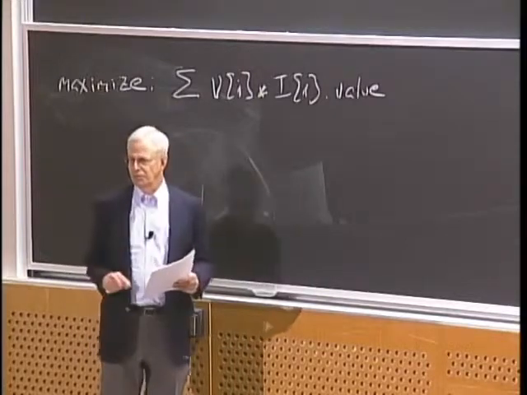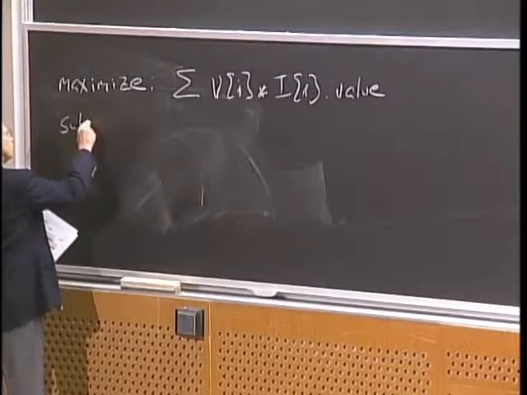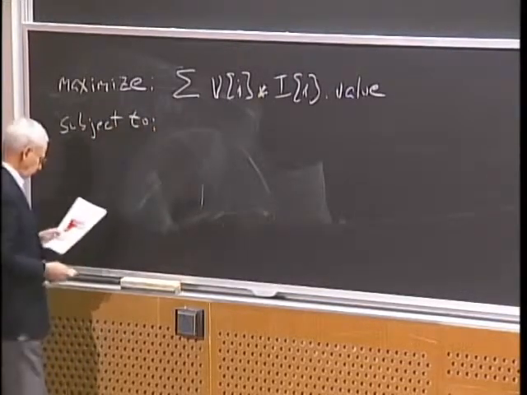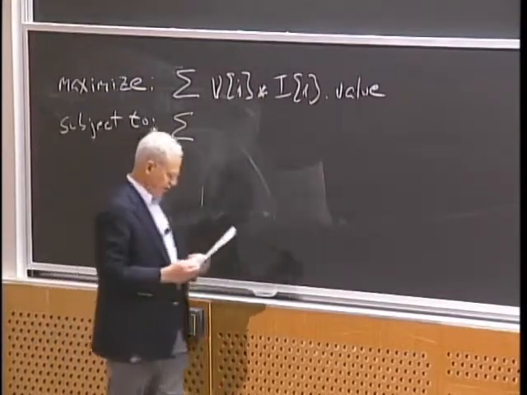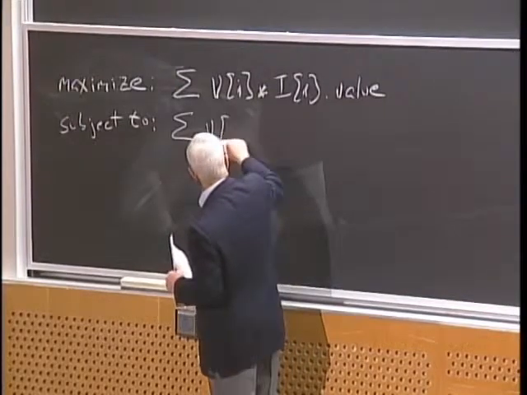So this is going to give me the sum of the values of the items I've taken. And then I have to subject to the constraint, and again, we'll do a summation. And it will look very similar.